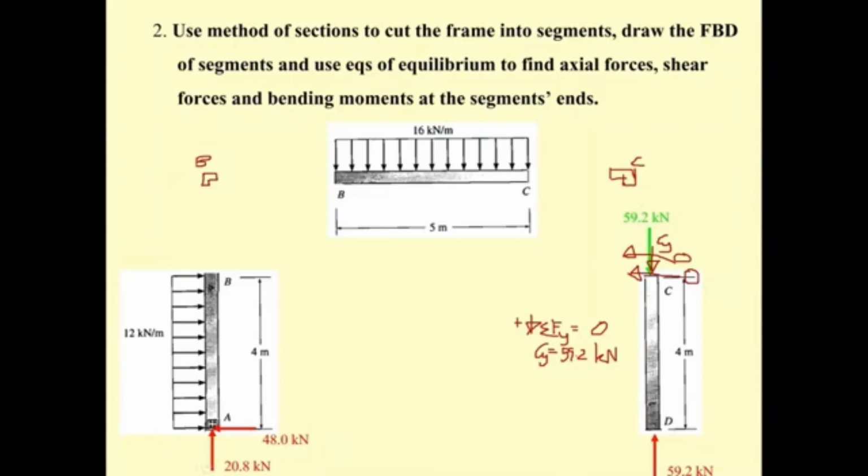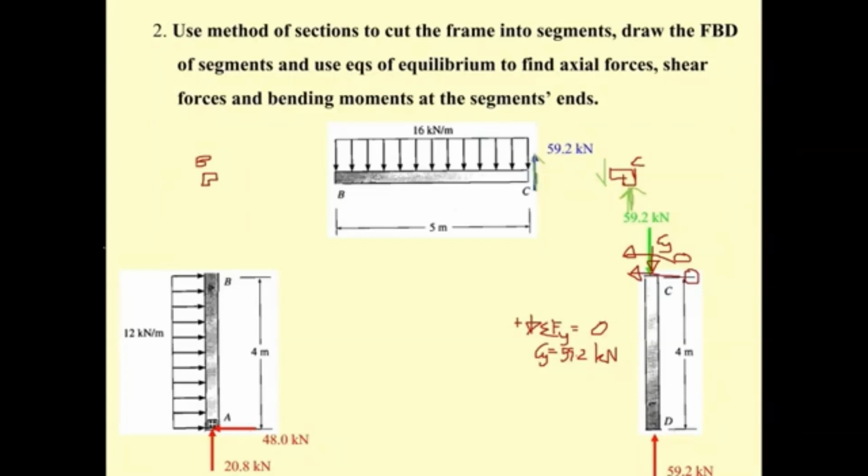And then the force over here, due to the third law of Newton, when this 59.2 is downward, the force over here must be upward. And due to the equilibrium of this point C, the force here must be downward with 59.2. And again, due to the third law of Newton, the force here also must be vertical. And then for the summation of F sub y equal to 0, you may see this one is going to be 59.2.